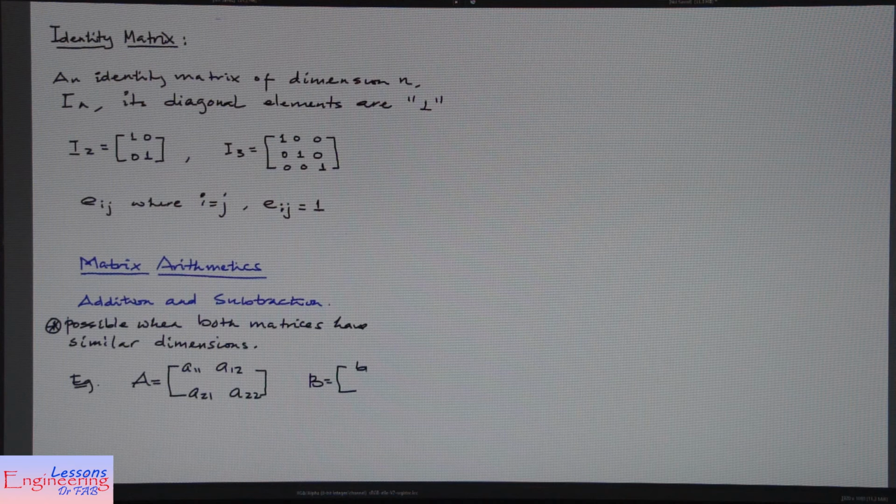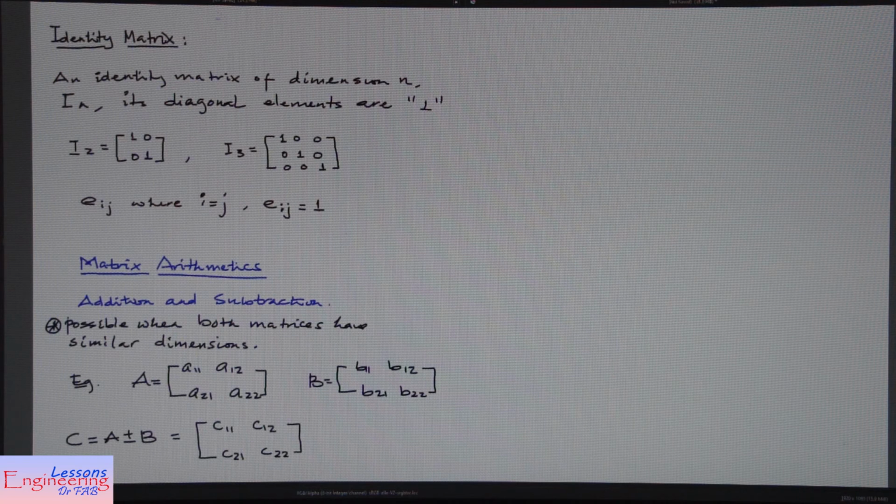We'll have B11, B12, B21, B22. If we introduce another matrix called C, which is the sum or difference of matrices A and B, this must have the same dimension. So this will have C11, C12, C21, C22.